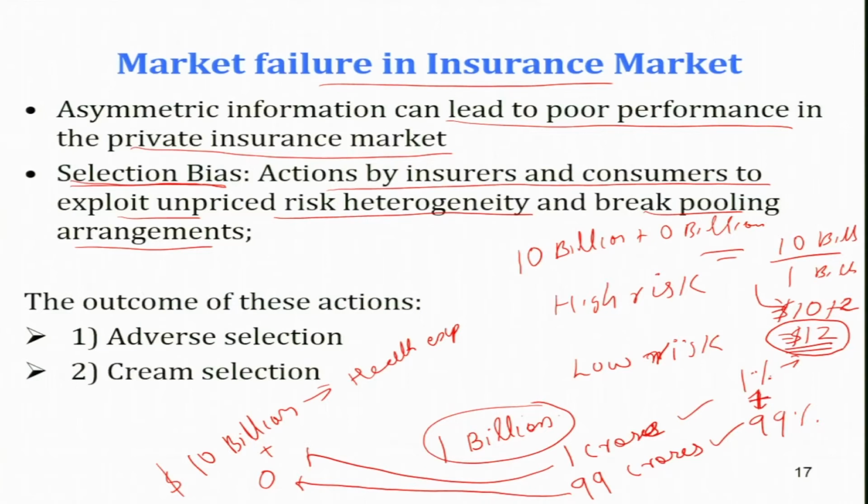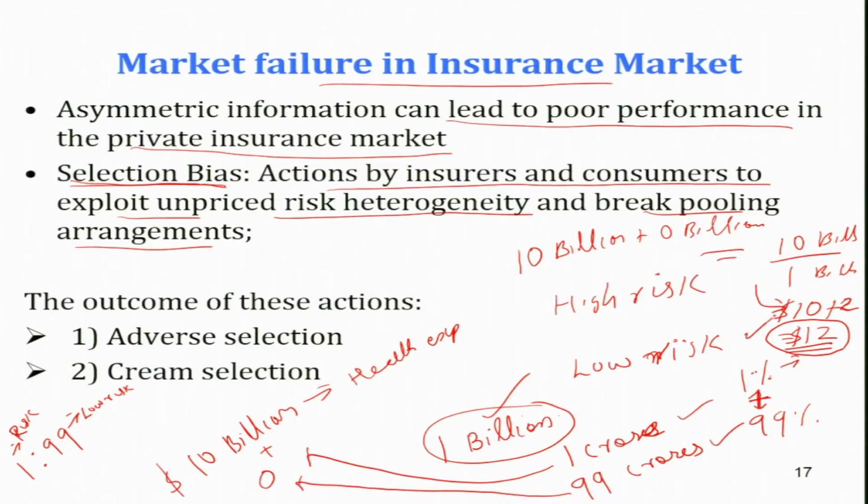Suppose not all of this 1 billion population is going to join the policy. If the proportion is 1 to 99, where 1% is high risk and 99% is low risk, then even if not all 1 billion are joining, even if it is only 1 crore, as long as the pool is 1% high risk and 99% low risk, then it is fine.